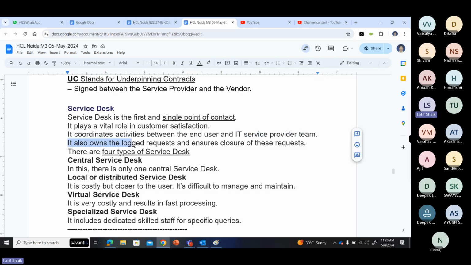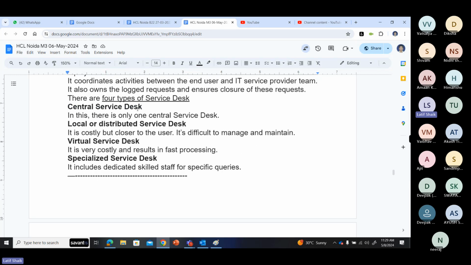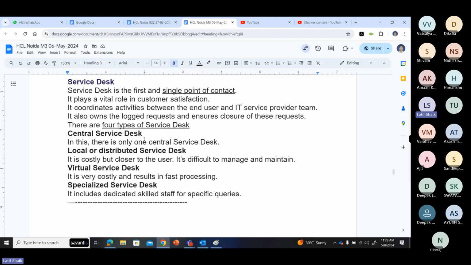It also logs requests and ensures closure of those requests. That means whenever a request comes to the service desk, they log it, they note it in the ticket. And once the issue is resolved, it will be closed. There are 4 types of service desk: centralized service desk, local or distributed service desk, virtual service desk, specialized service desk.